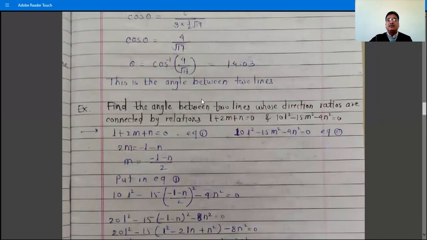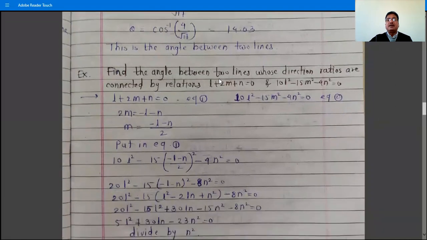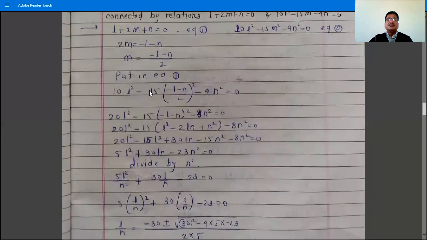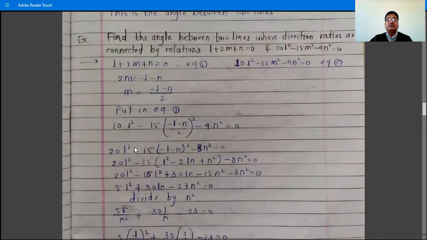The next problem is the same: find the angle between two lines whose direction cosines are connected by these equations. Numbering the equations as 1 and 2, find the value of n from equation number 1 and substitute it in equation number 2.